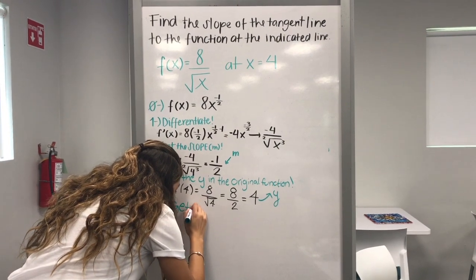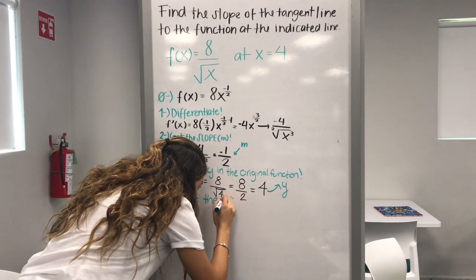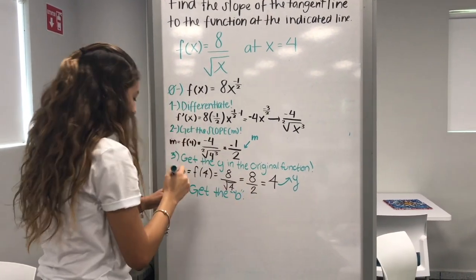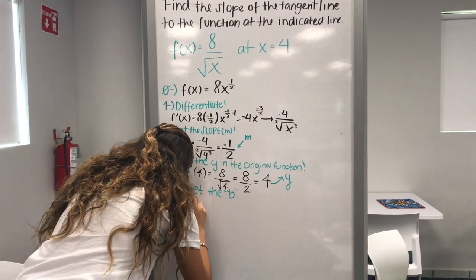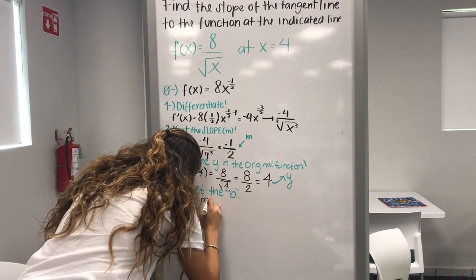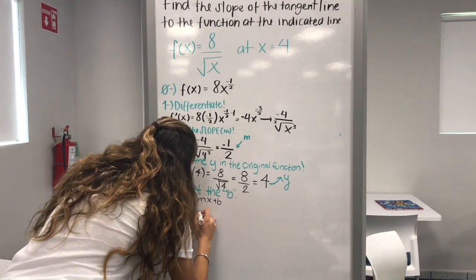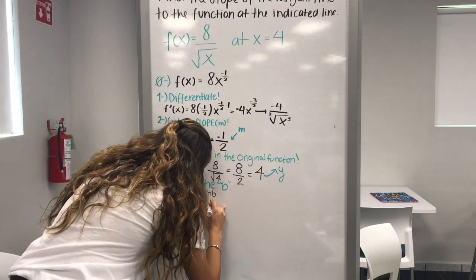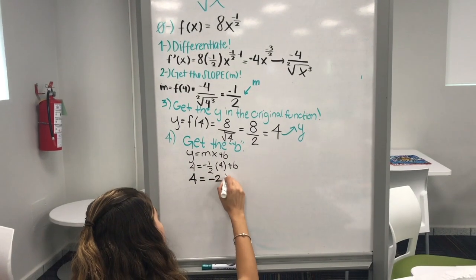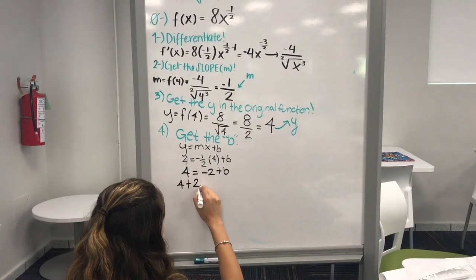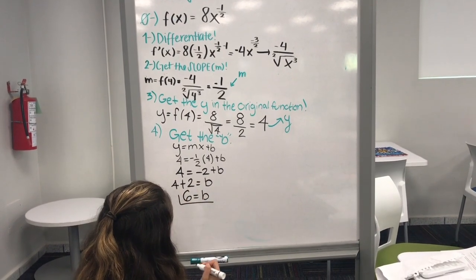The next step is to get the b by substituting the y, the x, and the slope in the formula of y equals mx plus b. b equals 6.